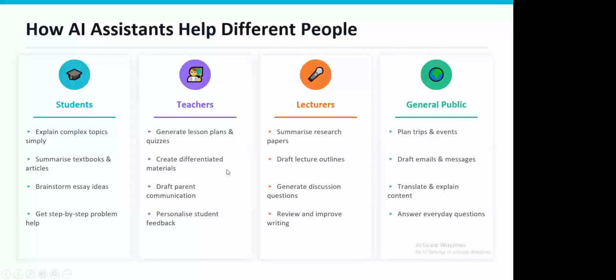For lecturers, they can summarize research papers, support general discussions, or review and improve writing. For the general public, they can plan trips or events, draft emails and messages, and answer everyday questions.